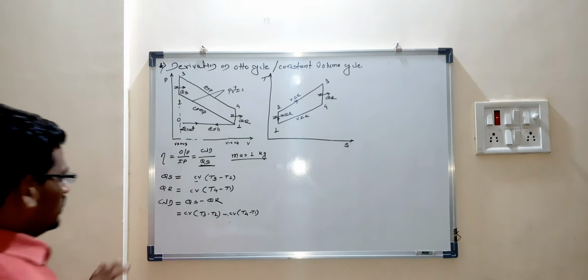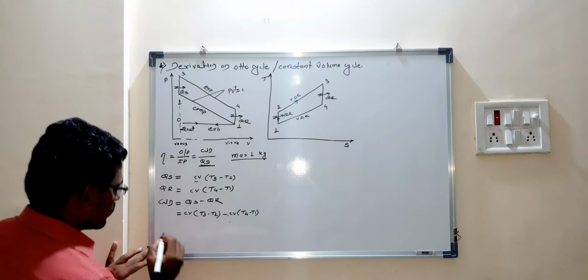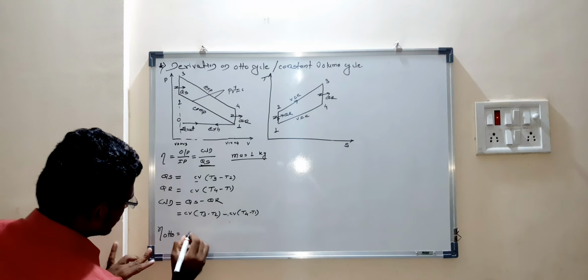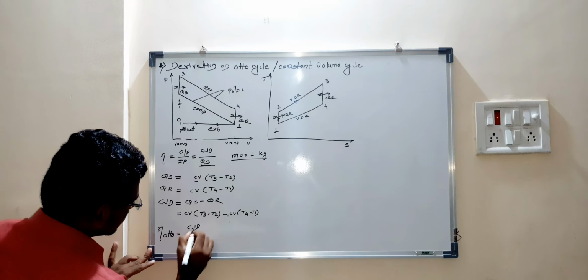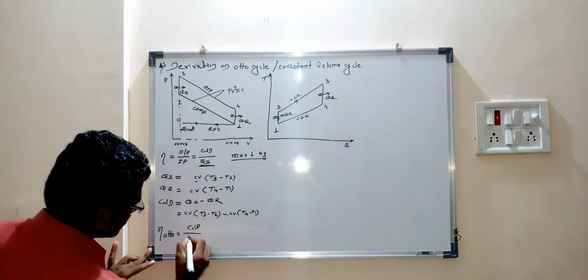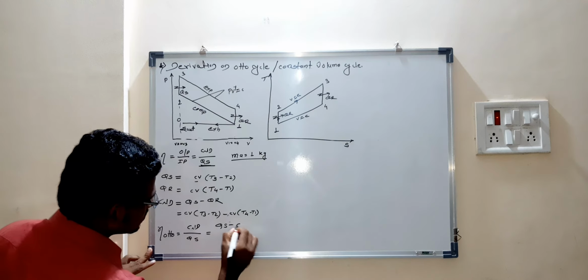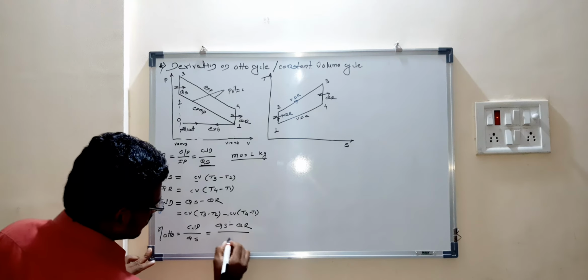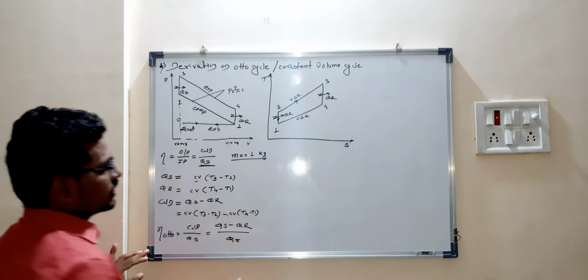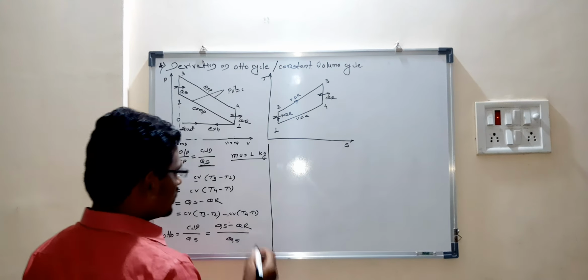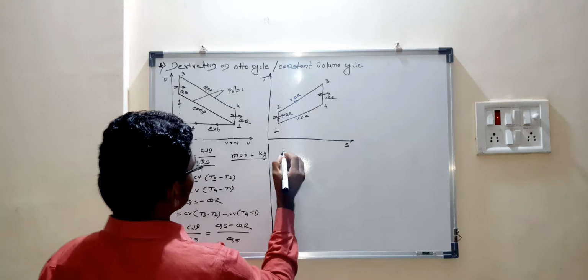Now the efficiency of the Otto cycle is equal to work done by heat supplied. Work done is QS minus QR, divided by QS. Now substitute the values of QS and QR in the given equation.